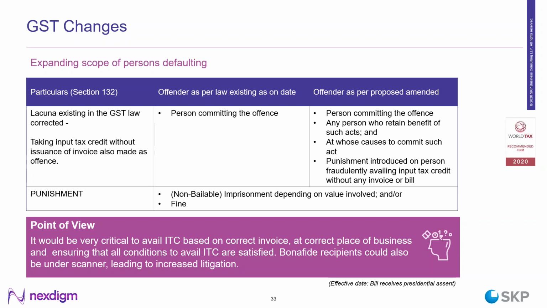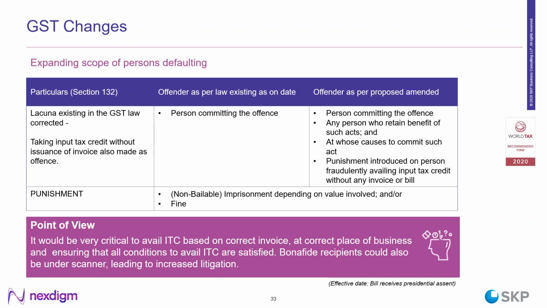So this has now been sought to be corrected, where taking input tax credit even without an invoice is now liable for punishment, and also the person who is receiving this credit or inducing this act to be committed has been brought under the penalty net. And the prosecution provisions would only arise where the fraud committed is more than INR 10 million.